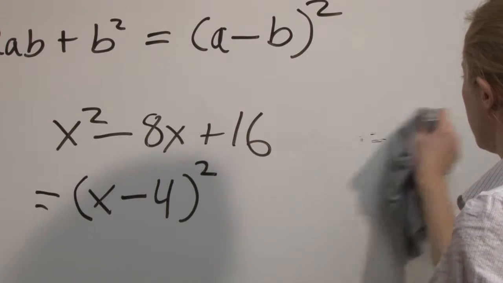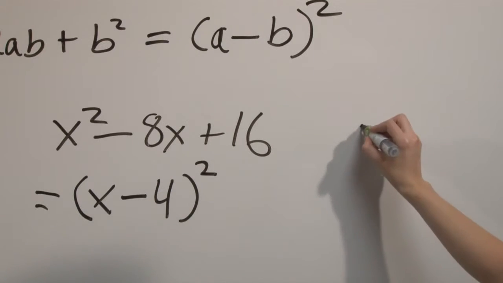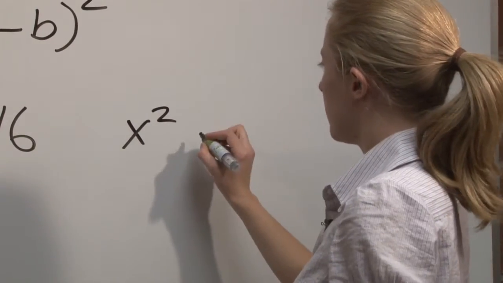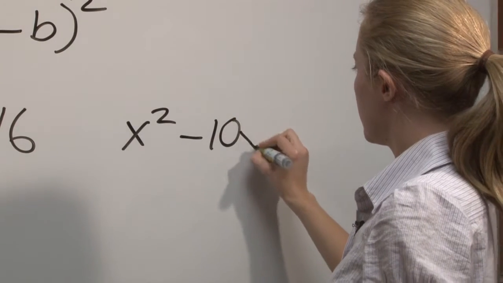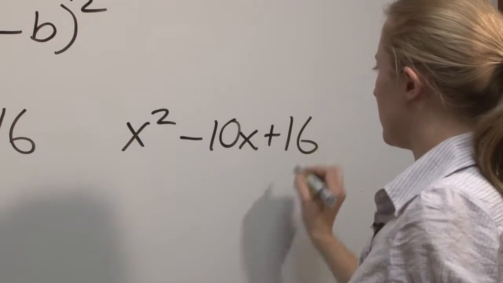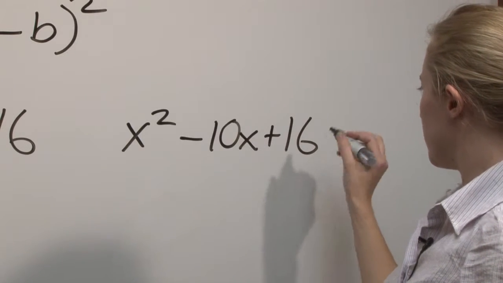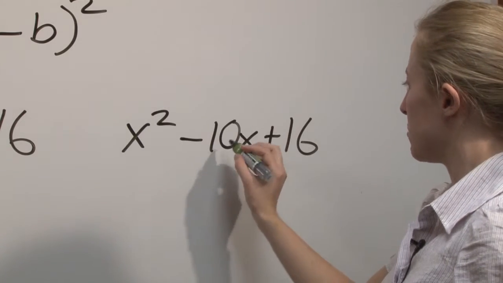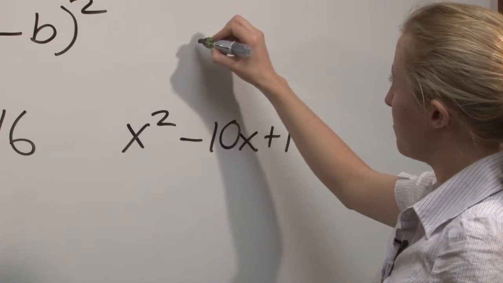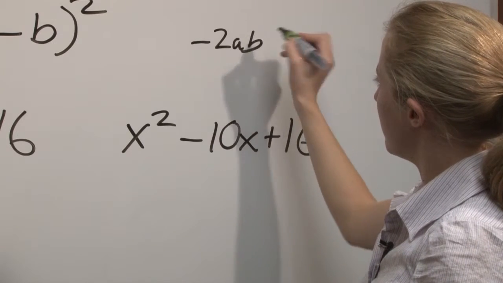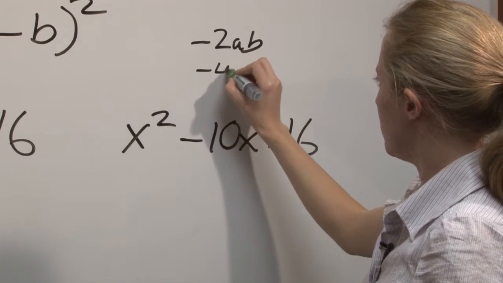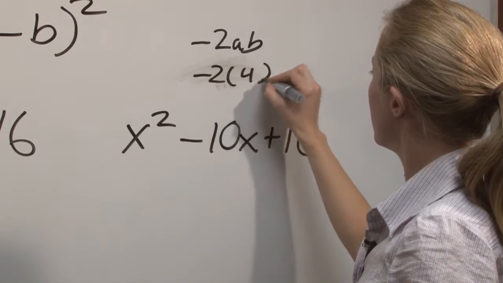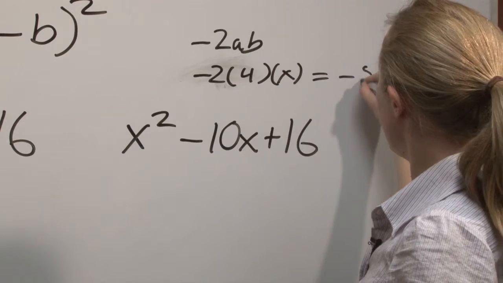You have to be careful that you look at the middle term, because I could have a trinomial like that. And so 16 is 4 squared, but this middle term is not negative 2ab, because negative 2ab would be negative 2 times 4 times x, which would be negative 8x.